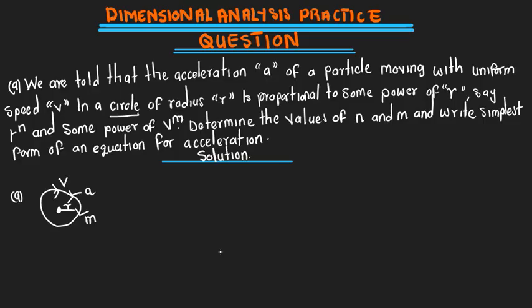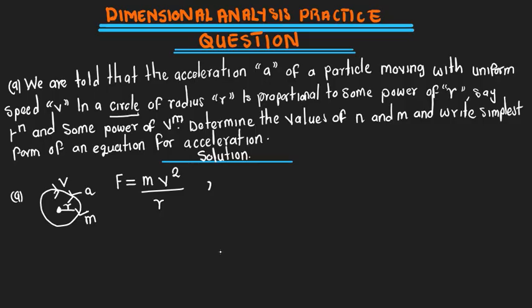If we are to find this particular relationship, we would discover that the centripetal force, which is causing this object to move in a circular manner, is defined by the mass multiplied by the velocity to the power 2 over the radius. That is the relationship which is taking place here.